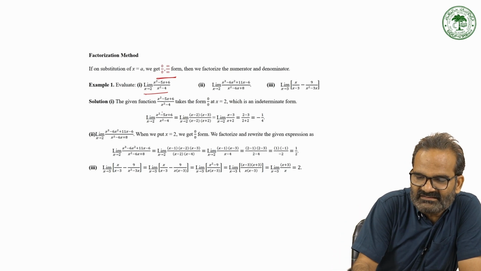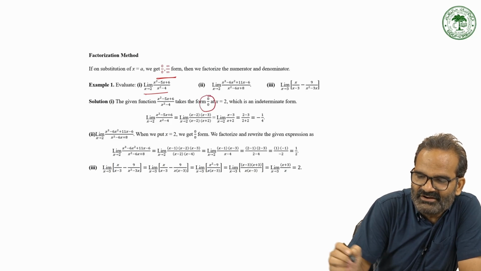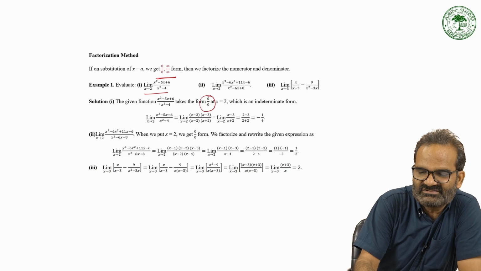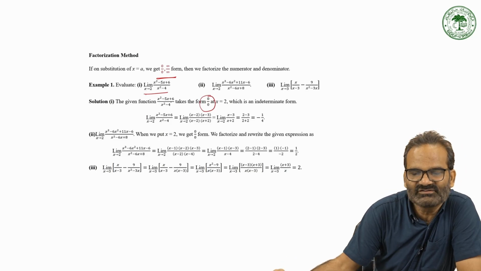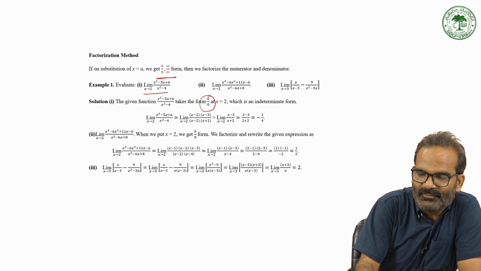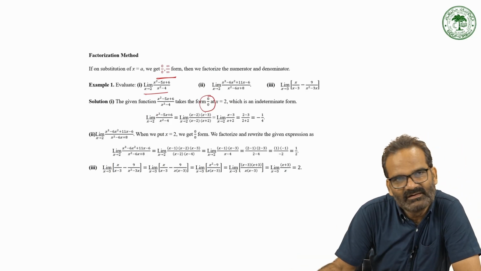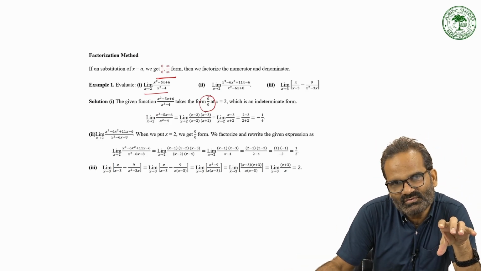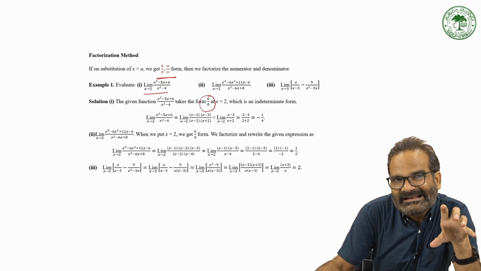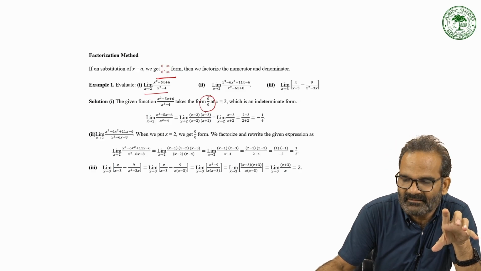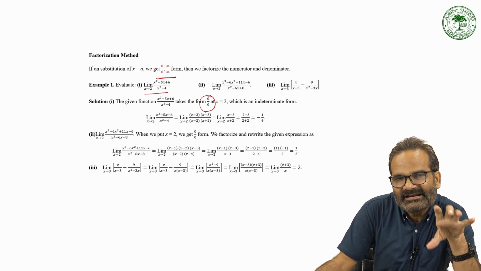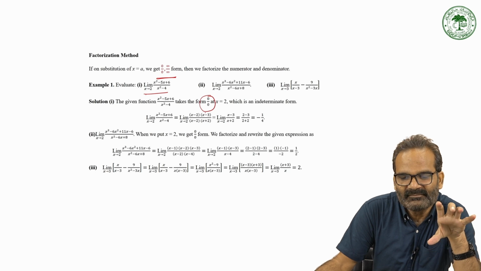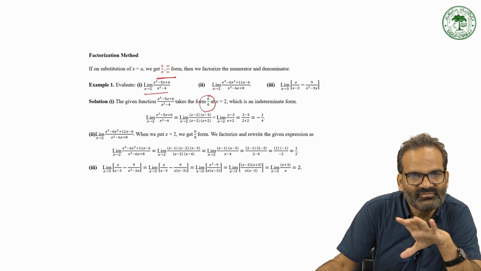When we put x equals 2, we get the form 0 upon 0, because 2 square is 4, minus 10, plus 6 gives 0, and in the denominator 4 minus 4 also gives 0. So after putting x equals 2, we get 0 upon 0, an indeterminate form. If we get an indeterminate form, it means the method of direct substitution fails.